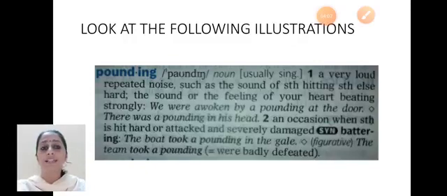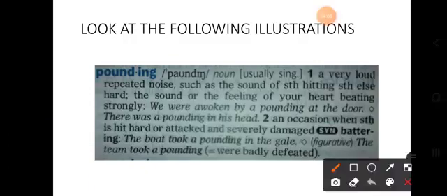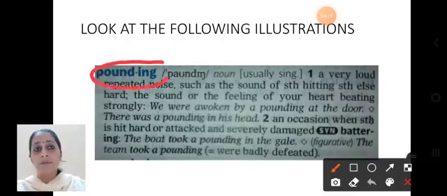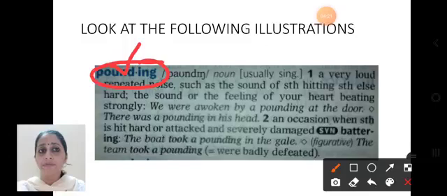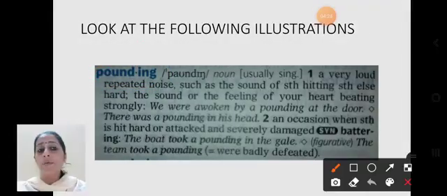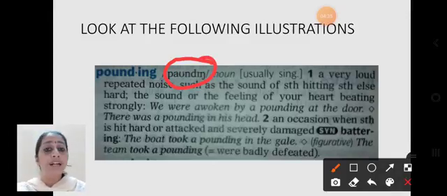Look here. Look at this illustration. So what is going to be our entry word? Yes, this word pounding is our entry word. What is the pronunciation? Can you see over here? Pounding, the way we have to pronounce it.